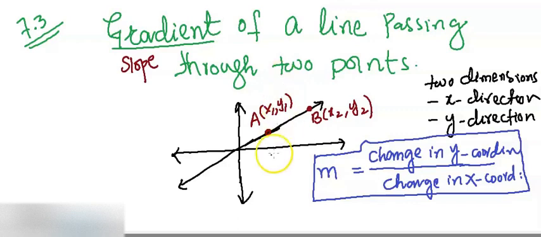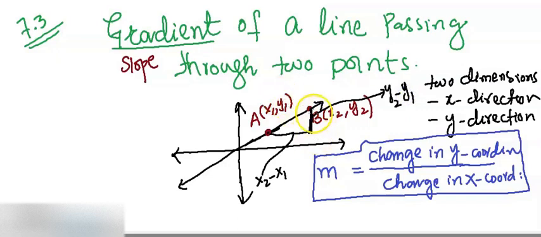Now this thing over here is x2 minus x1, and this thing over here is basically y2 minus y1. So we are interested in what is the change in y with respect to change in x. For a line, this change in y coordinate with respect to change in x coordinate remains fixed.